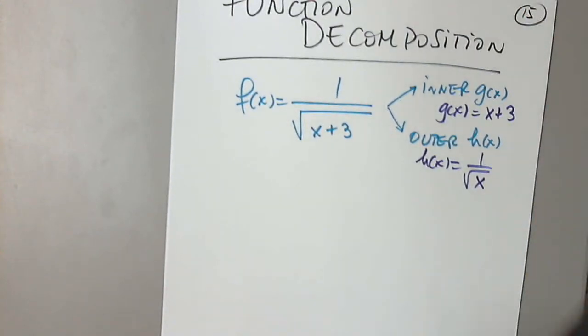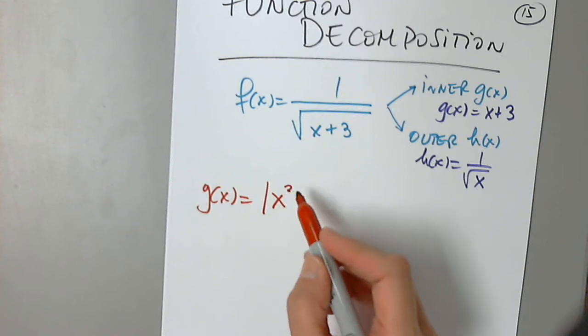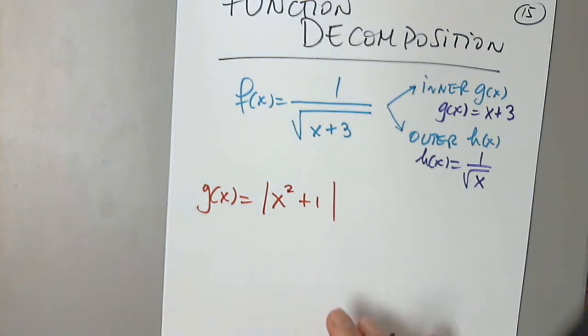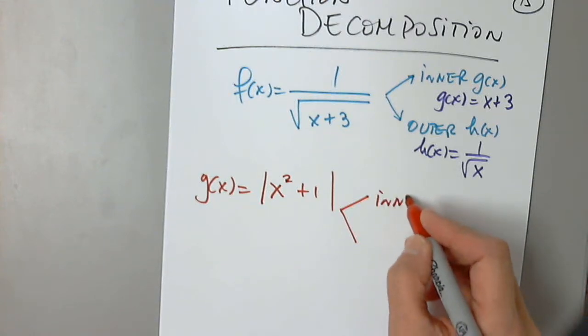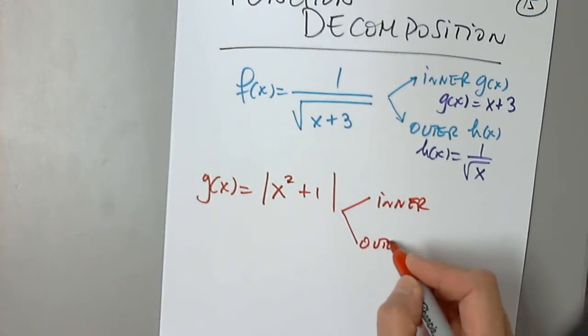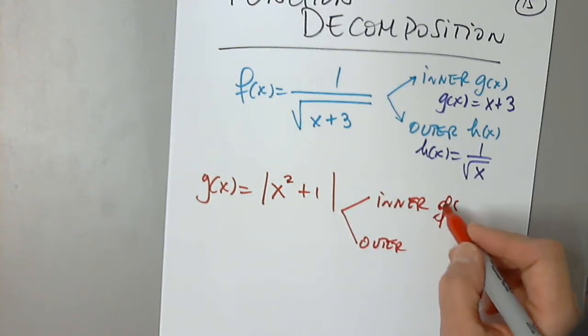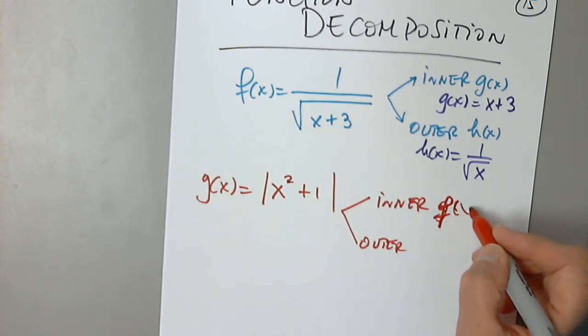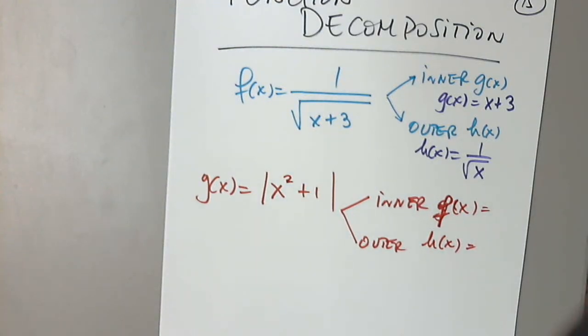Okay, let's look at another. Let's say f of x this time is the absolute value of x squared plus 1. I would like you to give me an inner and an outer. Let's call it g. I'm sorry, I used f. I have to use f now. It doesn't matter, and h of x. So how do we decompose this?